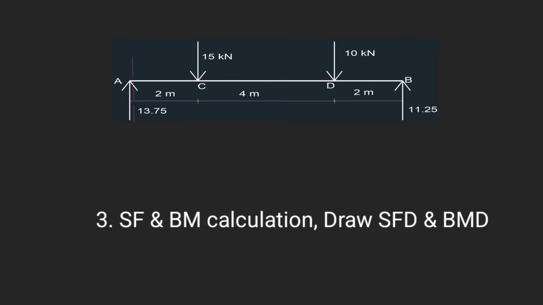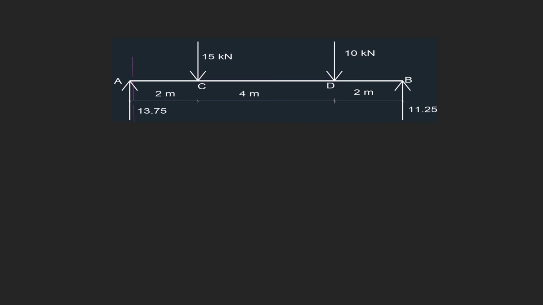This allows us to easily calculate the shear force and bending moments along the beam. What we have to do is to move the cut along the length of the beam, starting from one end, calculating the internal forces at each cut.